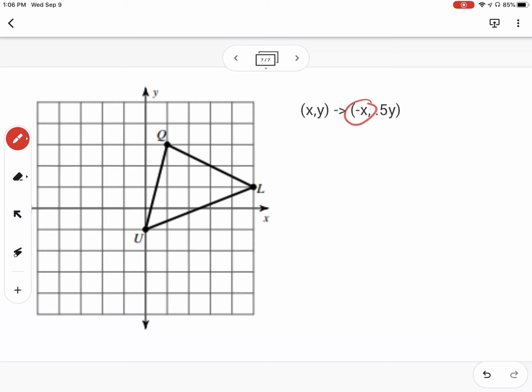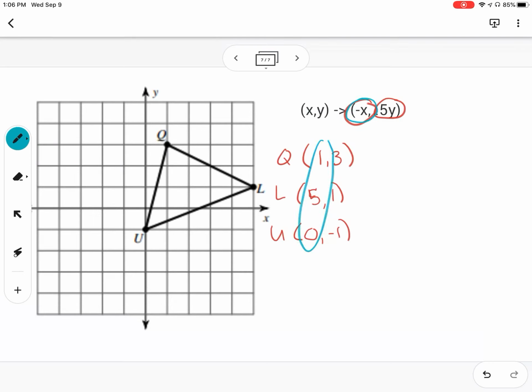So this last one, that negative x, that means it's reflecting the x-axis. And then for this, I've got 0.5y. So again, we're going to write down our points. So Q is 1, 3. L is 5, 1. U is 0, negative 1. So negative x, so turn all of these negative.